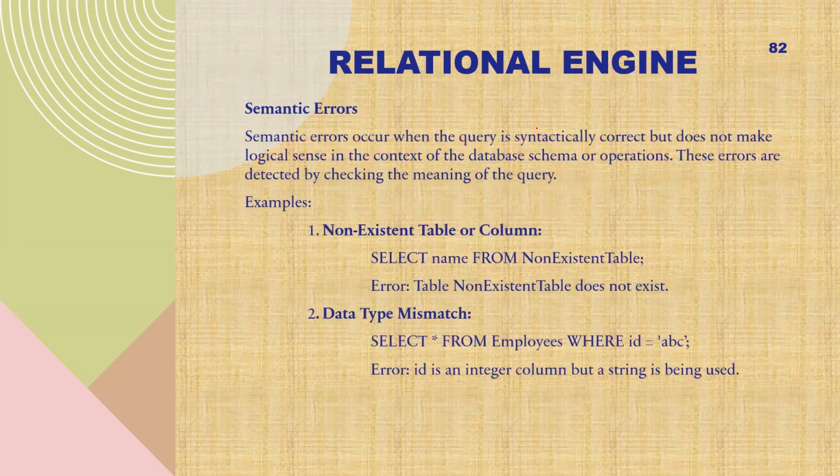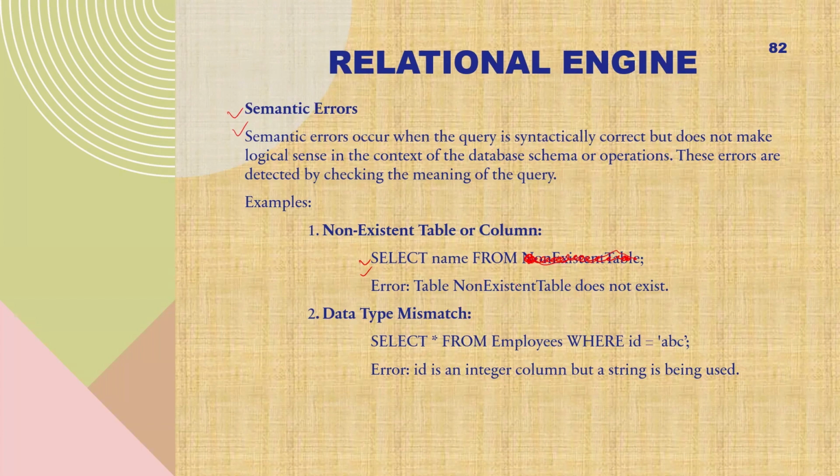And there is one more check, the semantic check. So what does semantic error mean? For example, let me write select name from employee, so it will be easy for you to understand.